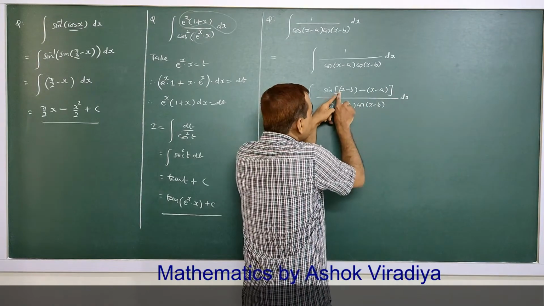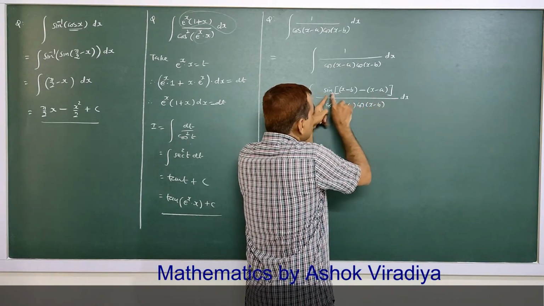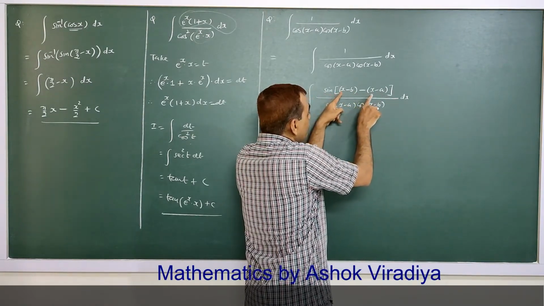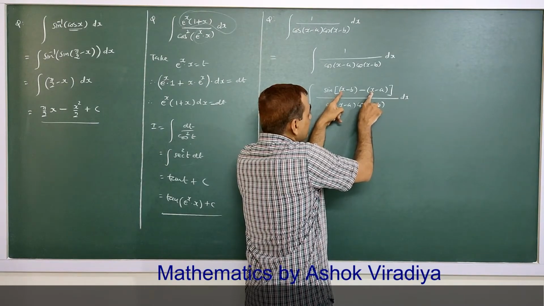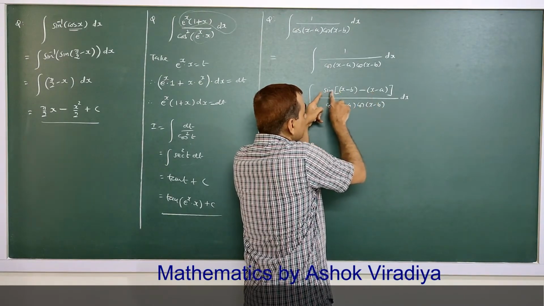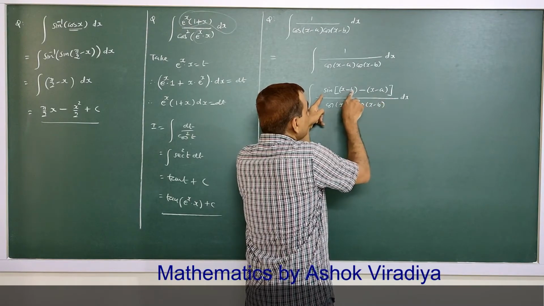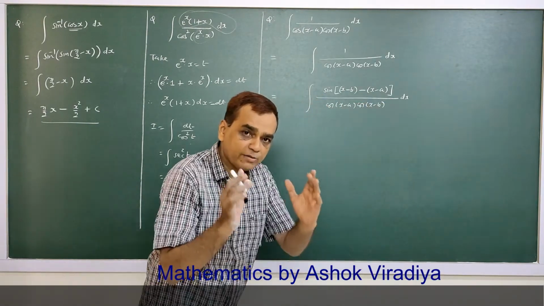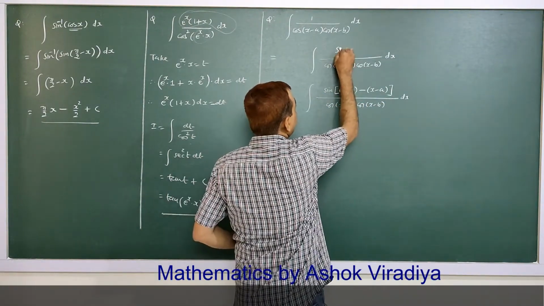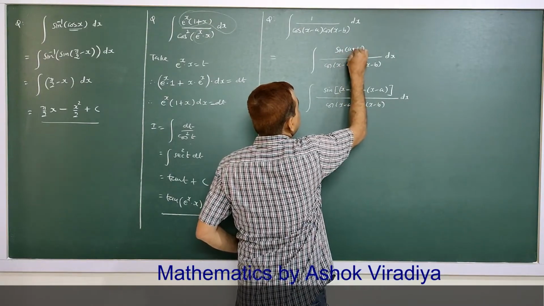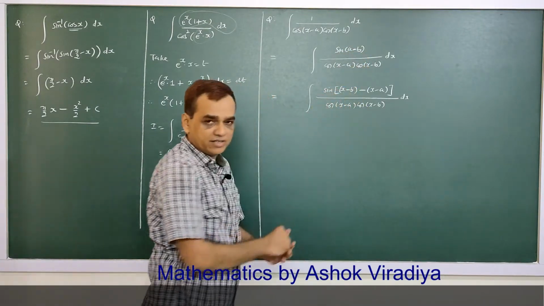So finally it is what? If you observe, x will be cancelled, so it is nothing but sine of a minus b. Sine of a minus b I have written in the numerator.